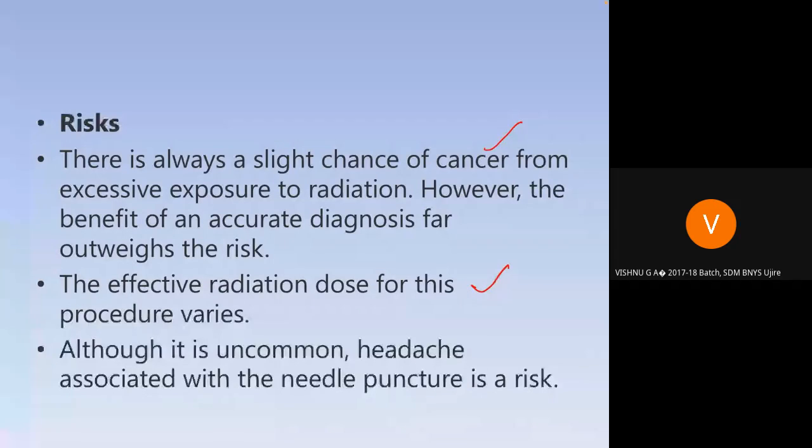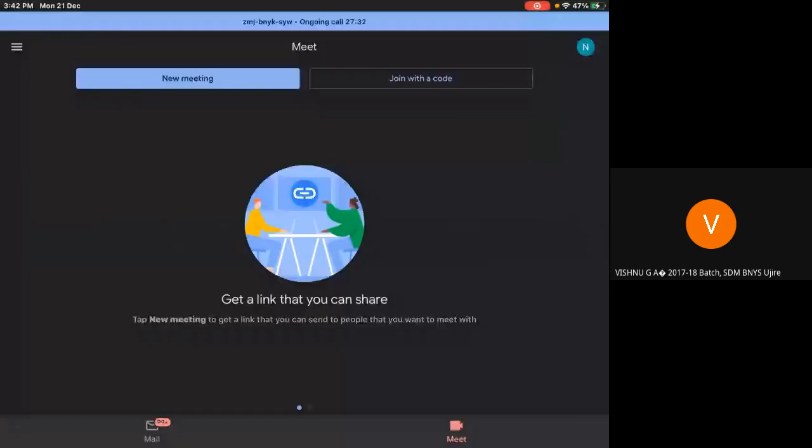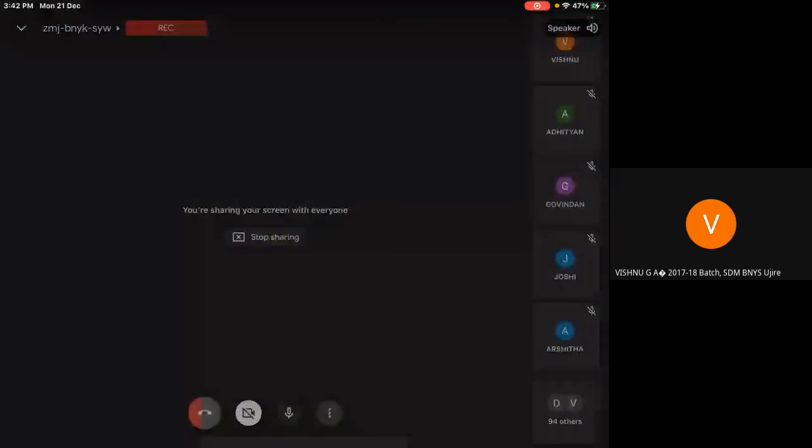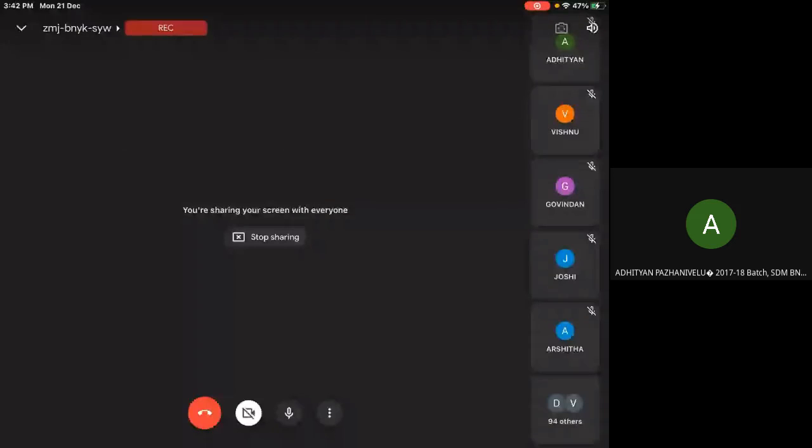And some people have had associations of headache. Why do they have headache? Could somebody guess what could be a possible reason why they could have headache? We have punctured and put the contrast material. What could be the reason for a headache?